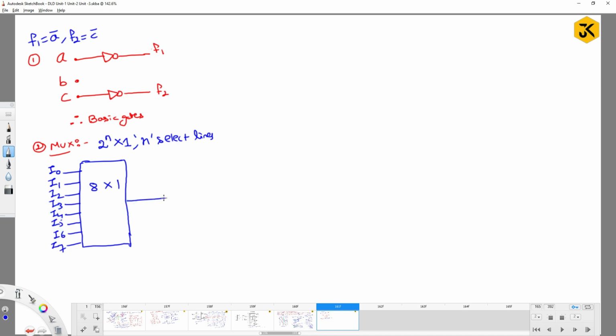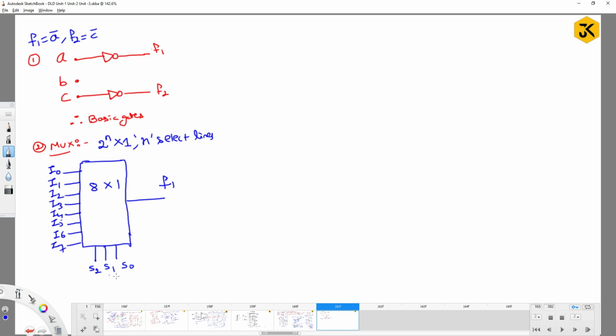And you are going to produce the output. Assume my output is F1, and you get this F1 because of 3 select lines, right? It's going to have n select lines. If this is 2 power n, that is 2 cube by 1, where n is 3. So I can say S2, S1 and S0.